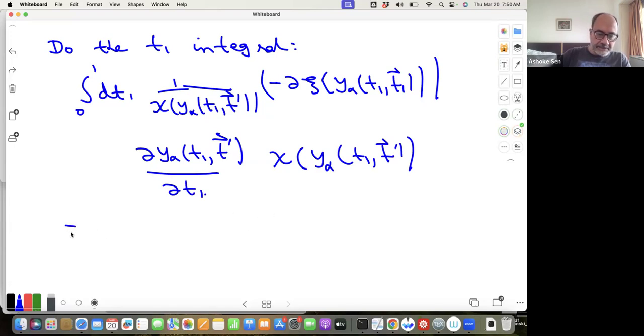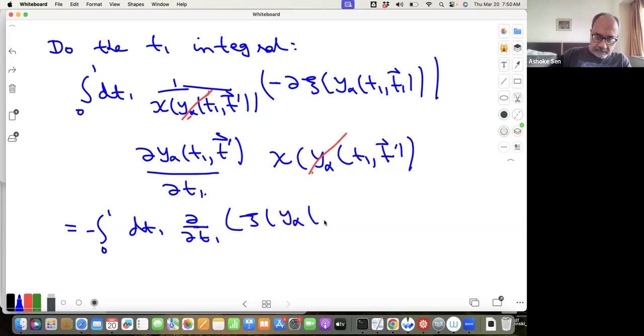And so now you see that these cancel, and you are left with the integral from 0 to 1 dt1, the minus sign, del t1 of xi of y alpha t1 t1 prime.